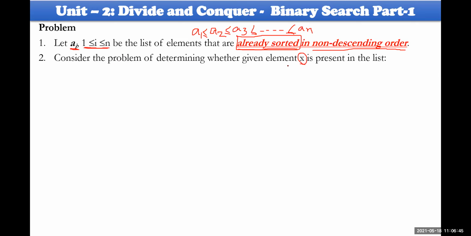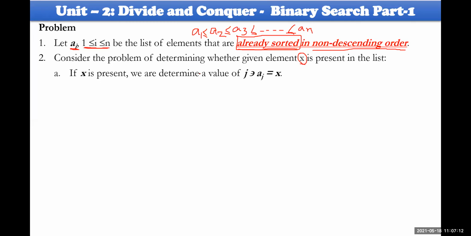The first step is that you have a list of elements in already sorted order, in non-descending order, simply speaking, ascending order. Then the second step is to consider one more element, X. You can name it anything, but I have taken it as X. Is it present in the list or not? That is the second point.